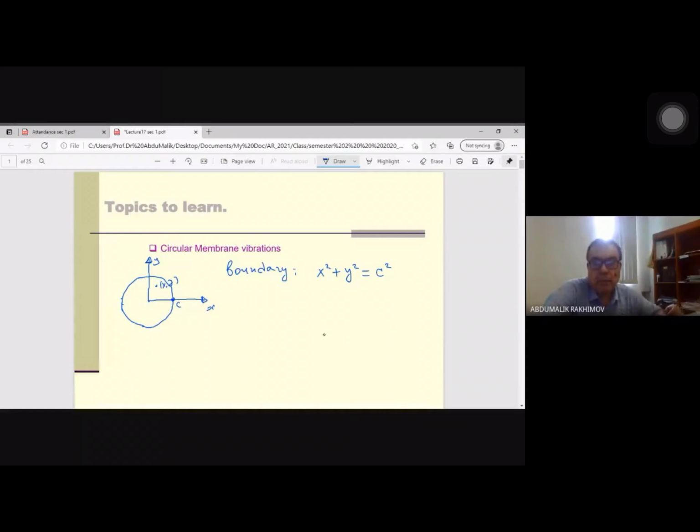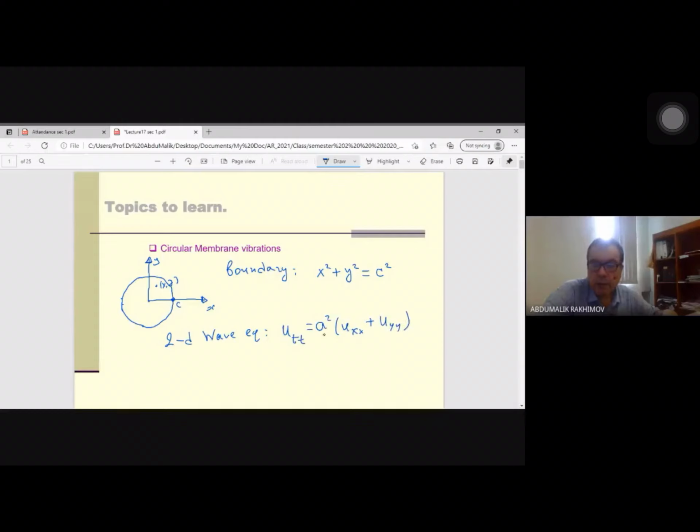Circular membrane is a two-dimensional thing. So we have an equation for the two-dimensional wave equation, the 2D wave equation. What was the 2D wave equation? It is u_tt equals a squared times (u_xx plus u_yy).